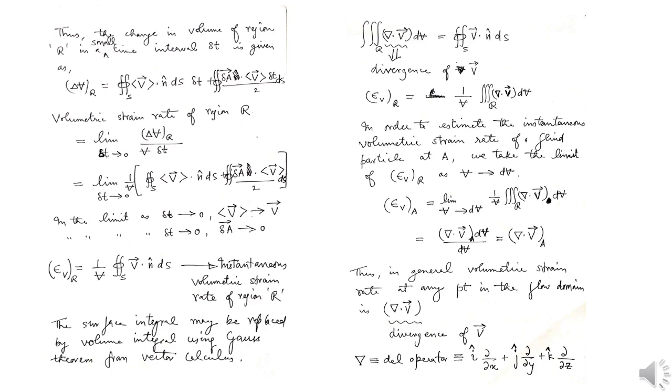Notice that as delta t goes to 0, in the limit as delta t becomes very, very small, the mean velocity becomes the instantaneous velocity V. And delta A, when the elemental volume was visualized, was the change in the cross-sectional area. So if delta t tends to 0, obviously the change in area would also go to 0.